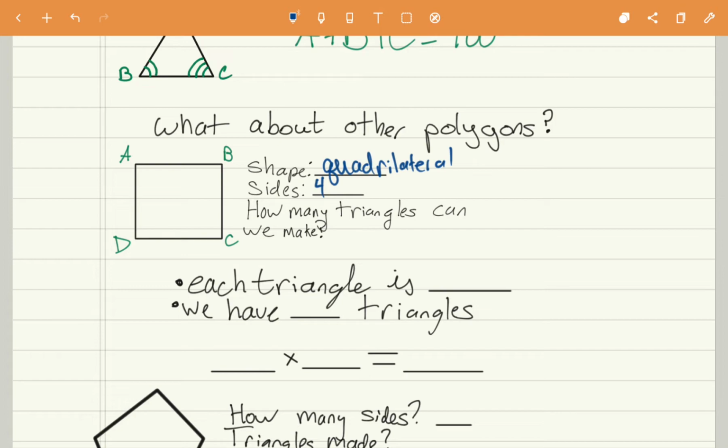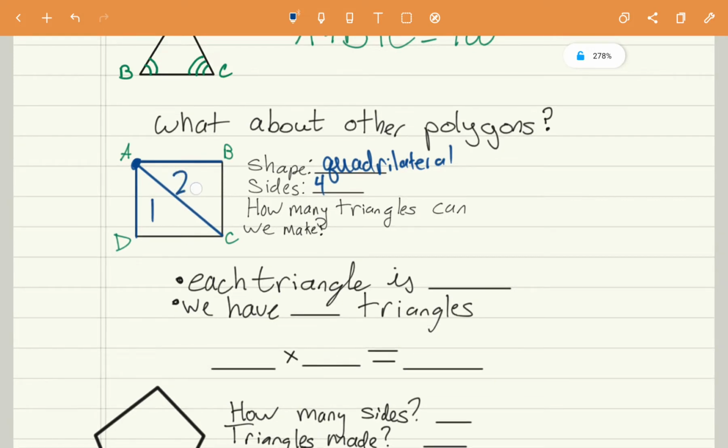So you're going to start at one point. I'm just going to pick point A, and connect it to every other vertex. We don't need to connect it to B or D because it's already done for us. But we can connect it to C. And I can see we have 2 triangles.